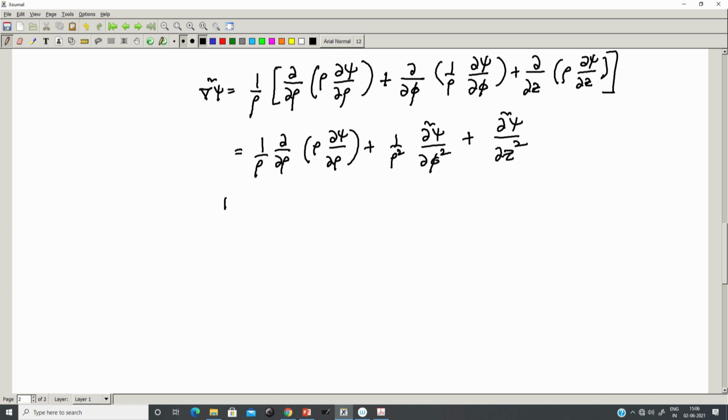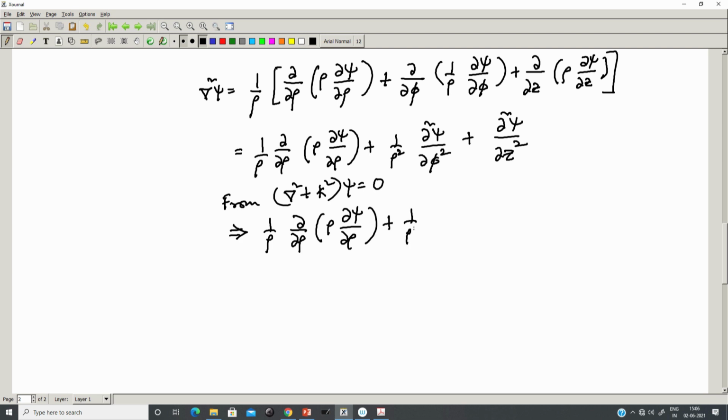So, now from the equation grad square plus k square psi equal to 0, or the source free Helmholtz equation, we can write this as 1 by rho del rho of rho del psi del rho, plus 1 by rho square del square psi del phi square, plus del square psi del z square, plus k square psi equal to 0.